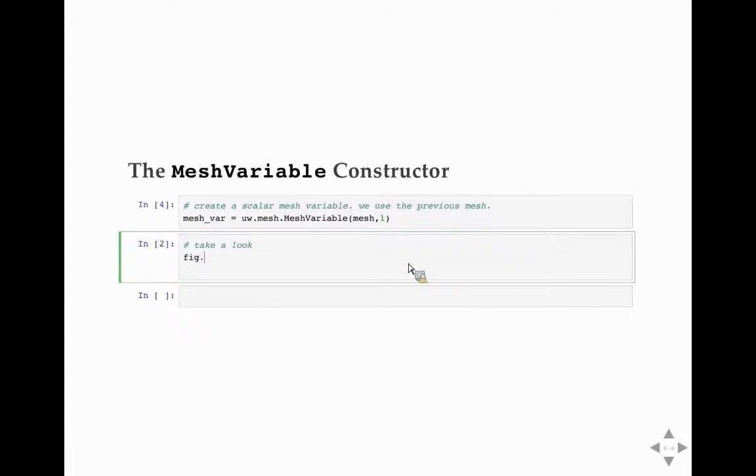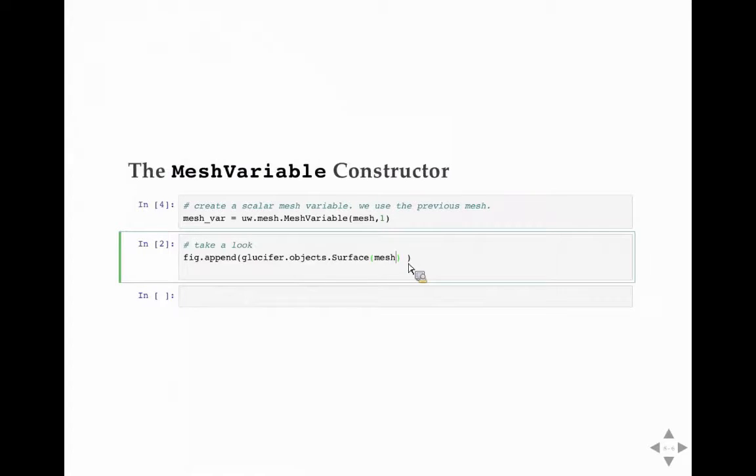Right, so let's reuse a previous figure, so we can just append a new drawing object onto that previous figure. Use objects dot surface. Now, when you're using a surface object, it wants to know what mesh it's going to draw a surface over.